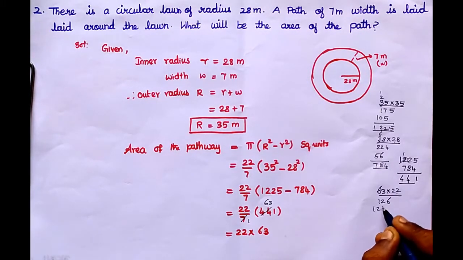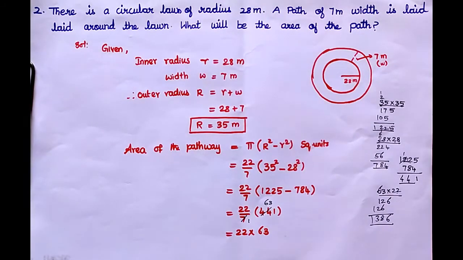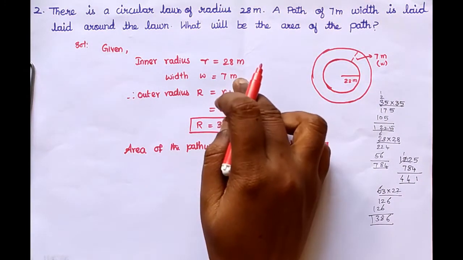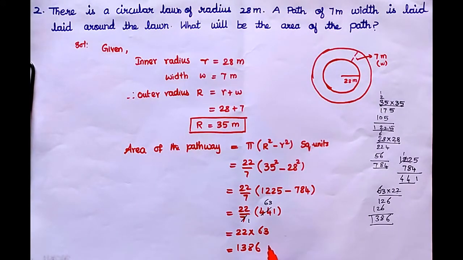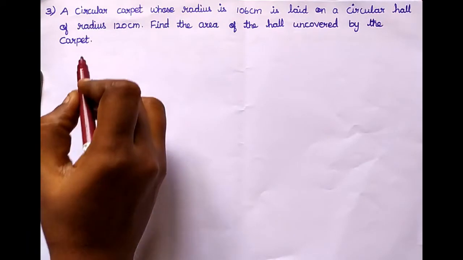Again second table, so same answer. 1386. Here they given in meter, so meter squared or square meter, both are same. Area of the pathway equal to 1386 meter square. That is the answer. Third sum.